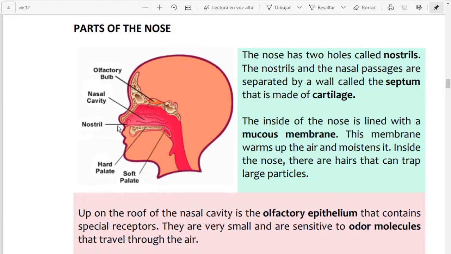This particle can go all the way up to your lungs, and that would be very dangerous. So you have this lining, with the aim to get this particle stuck on it.